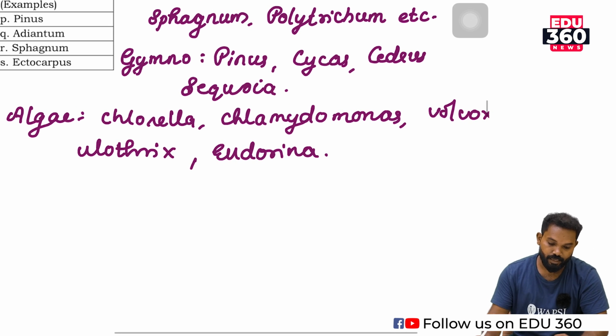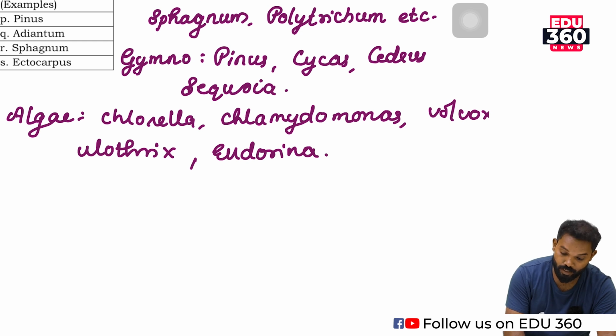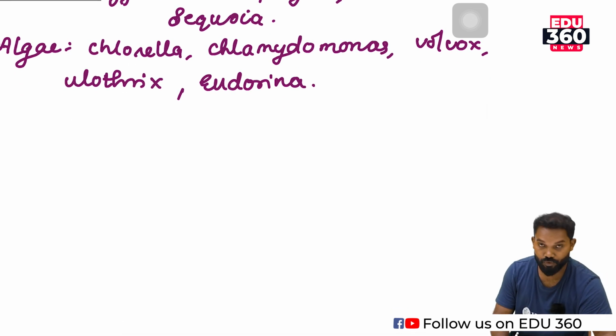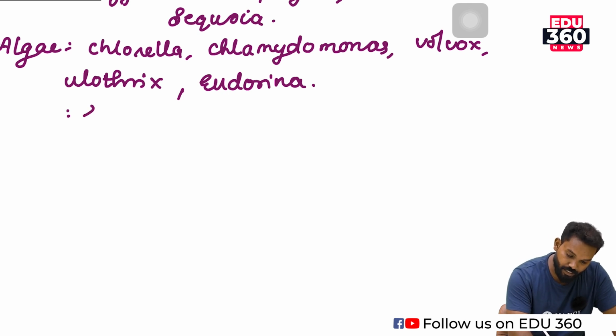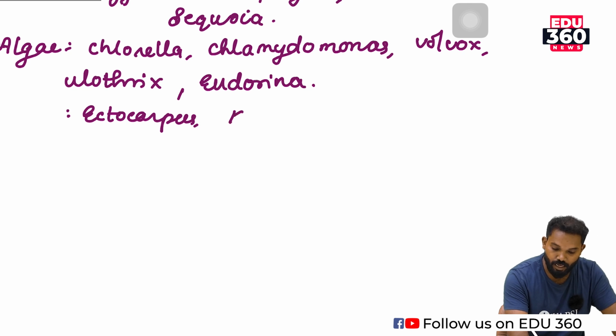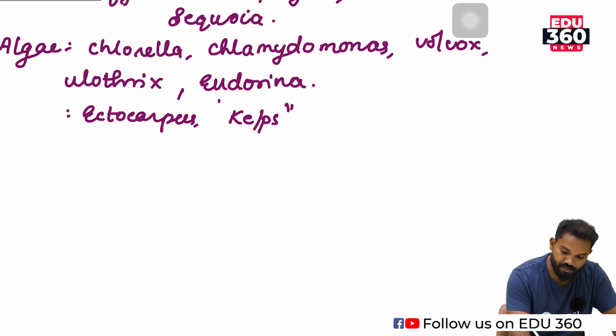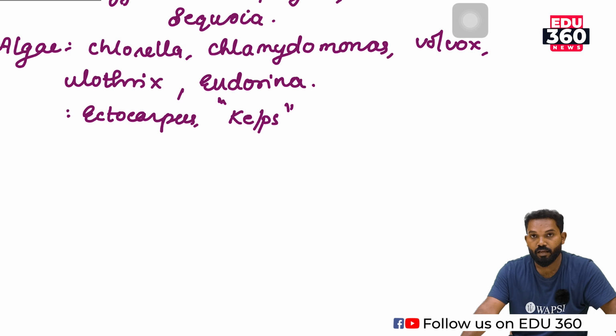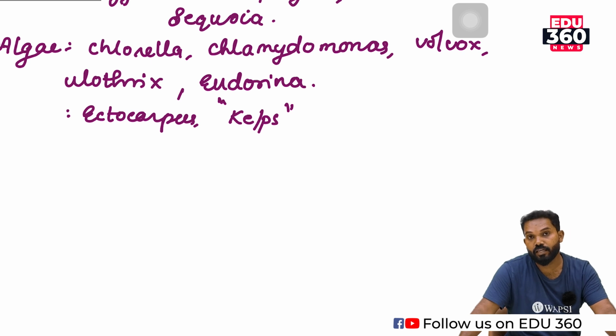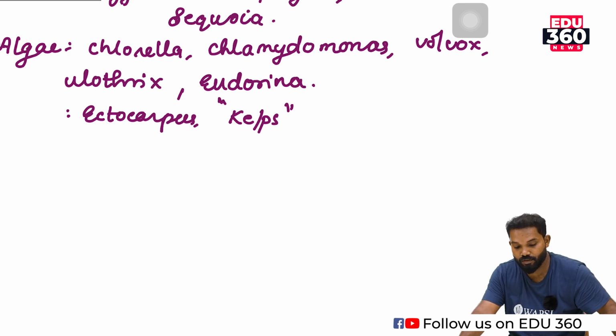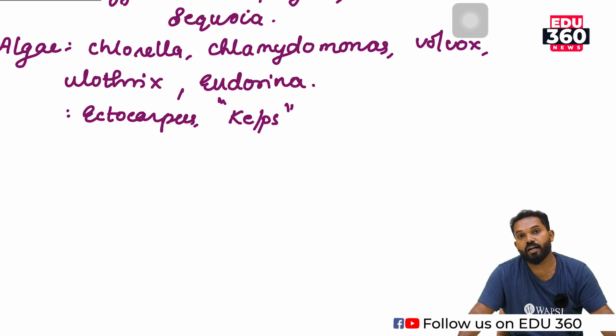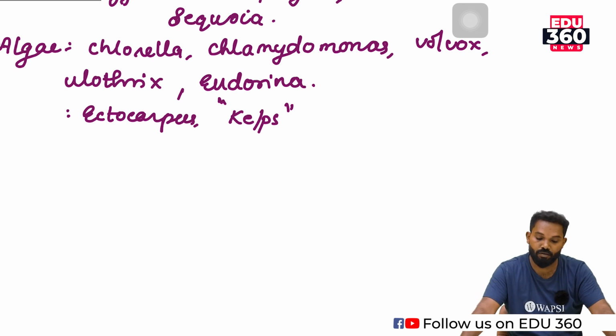Then some algae are brown algae, Phaeophycean algae, such as Ectocarpus, and kelps, commonly known as kelps, the largest algal group. In an aquatic or oceanic ecosystem, there are large algae growing almost or more than 100 meters long.